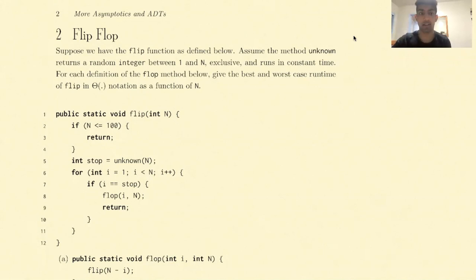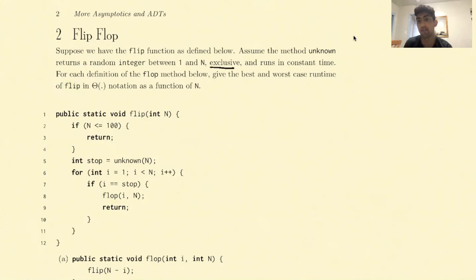Okay, so suppose that we have the flip function as defined below. Assume the method unknown returns a random integer between 1 and n, exclusive, and runs in constant time. For each definition of the flop method below, we are trying to figure out the best and worst case runtime of flip in theta notation as a function of n.